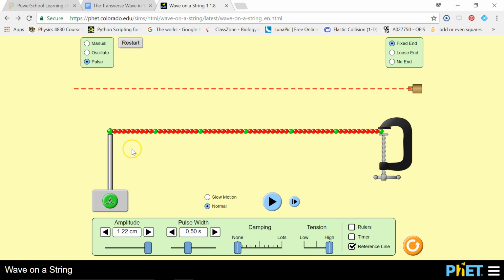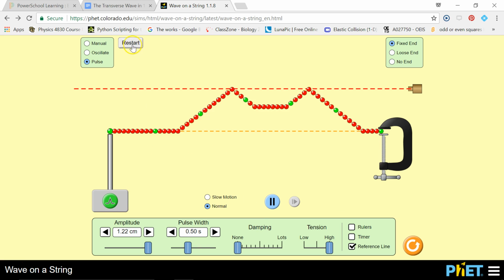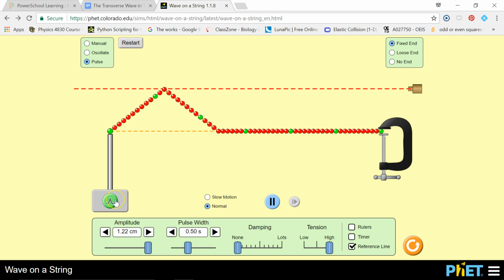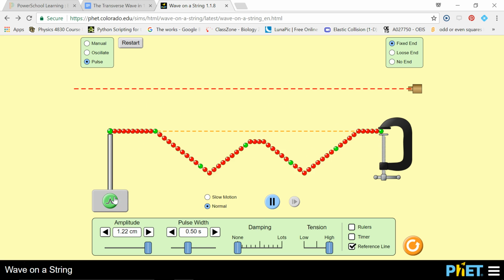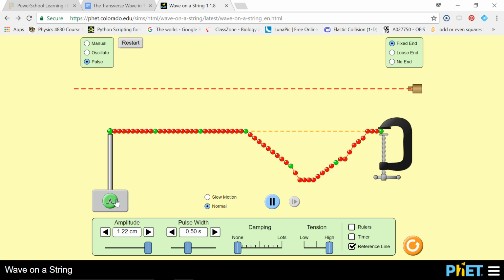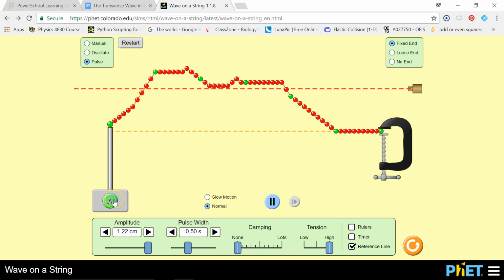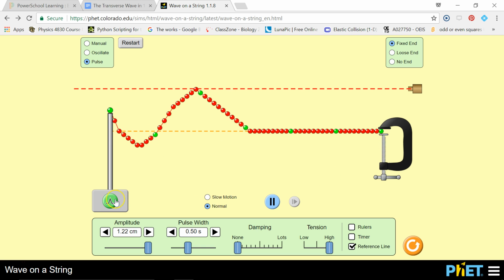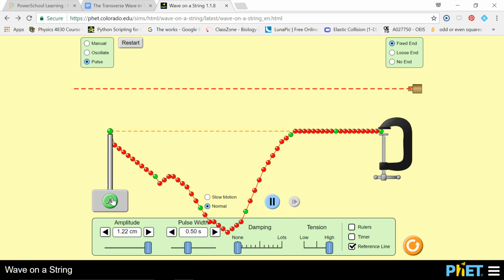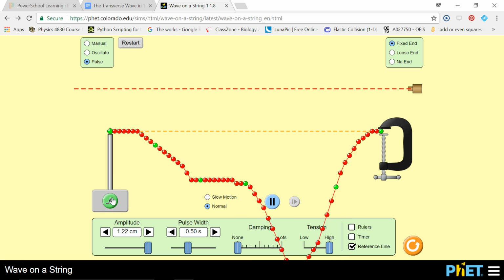Let's restart it. We have a certain pulse wave. I want you to think about the timing that I'm using. To do this well and to do it right, I have to do this at a certain rhythm.